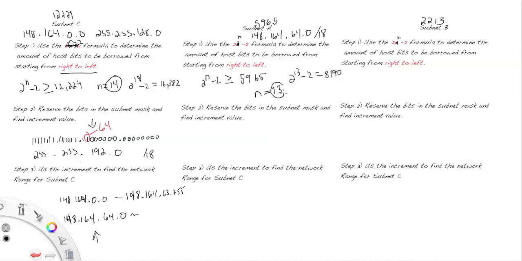So this is going to be the amount of host bits that we're going to borrow. So let's borrow those bits, right? 1, 2, 3, 4, 5, 6, 7, 8, 9, 10, 11, 12, 13.